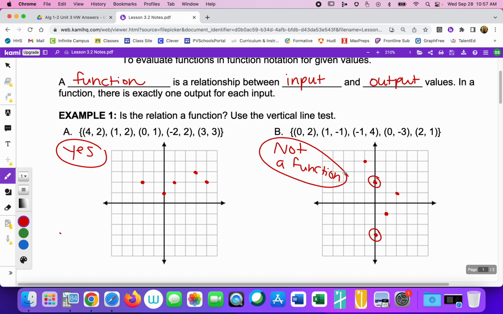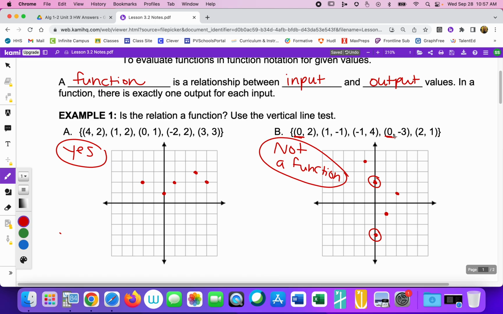The reason for that is because the x value of 0 repeats. You see the ordered pairs? There's 2 zeros in the x spot. We're going to discuss what that would look like in a mapping or a table. But the x value of 0 repeated, which means that is not a function. It does not have one output for each input.